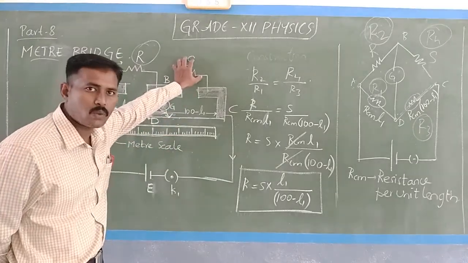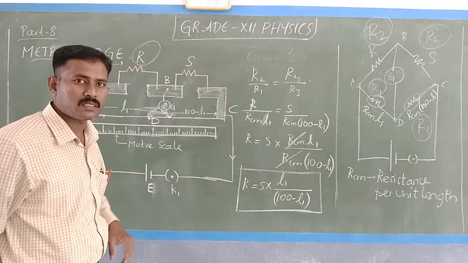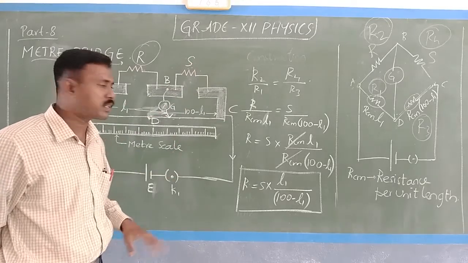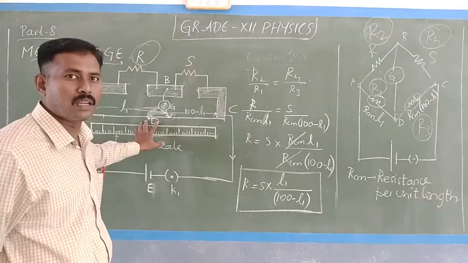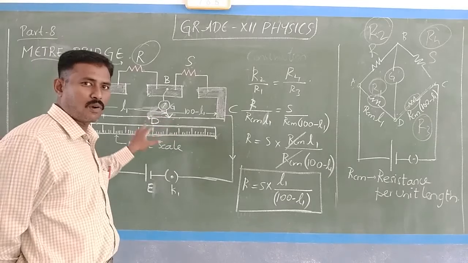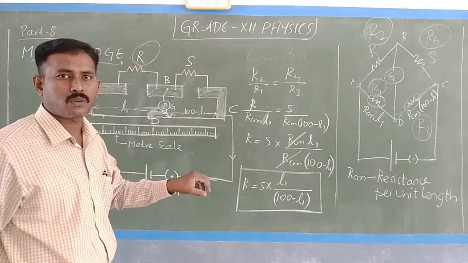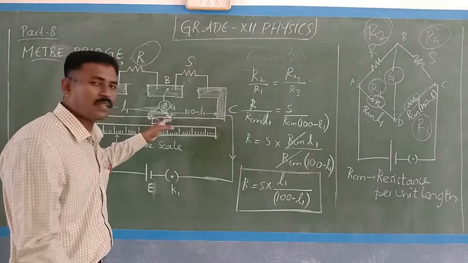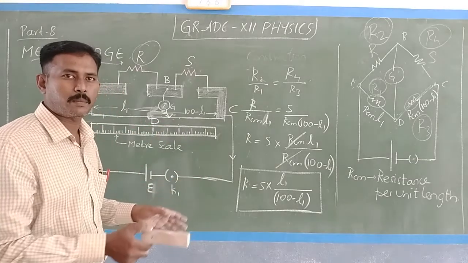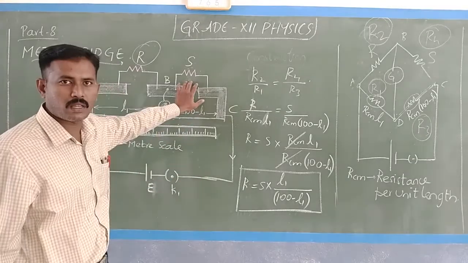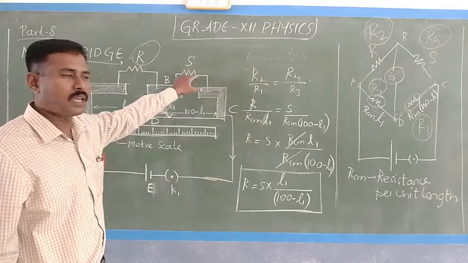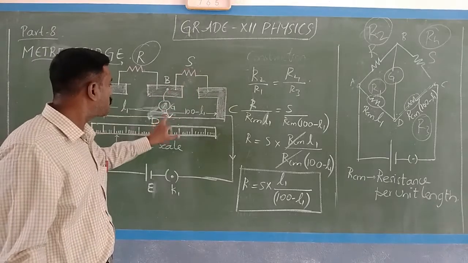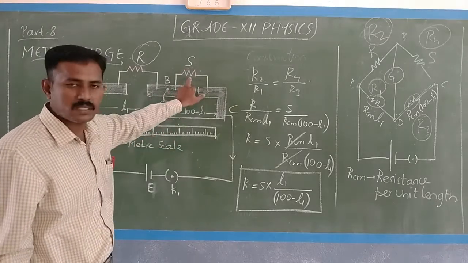The value of S should be chosen in a standard way so that the limit of L should be between 40 to 60. If we want to maintain the L value around 50 centimeters, we can change the S value.